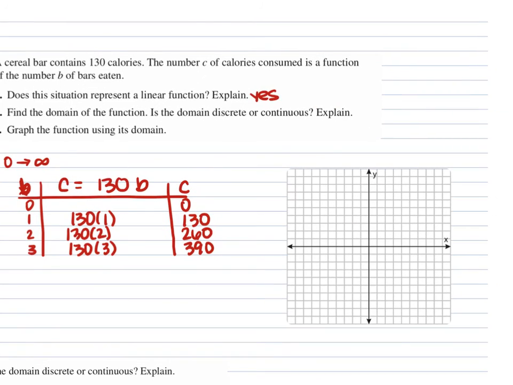So on your coordinate plane, you would start at (0, 0). Then let's say this is 100, this is 200.